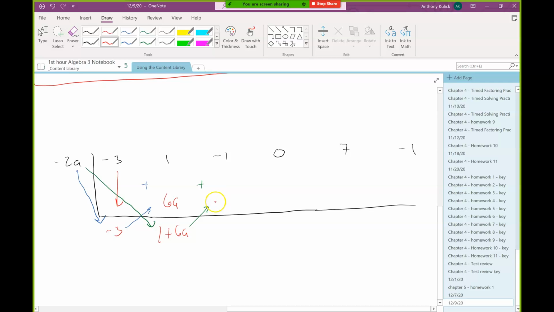So negative 2a times 1 is negative 2a, and negative 2a times 6a is negative 12a squared. And if I try to add that to negative 1, they're not like terms. So we just have to write it like that. And then we just kind of continue. It's just going to get kind of long and messy.